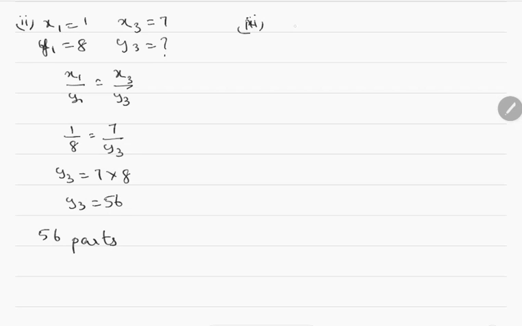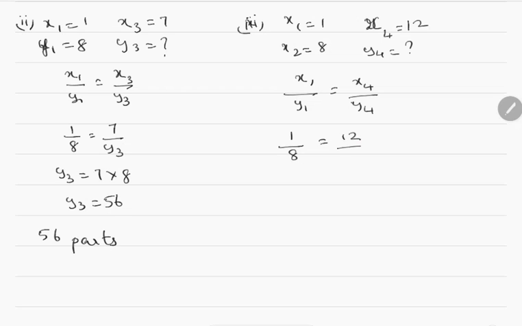Question number 3, x1 is 1, y1 is 8. Here x4 is 12, y4 we have to find out. x1 by y1 equal to x4 by y4. 1 by 8 equal to 12 by y4, or y4 is equal to 12 into 8, y4 equal to 96.